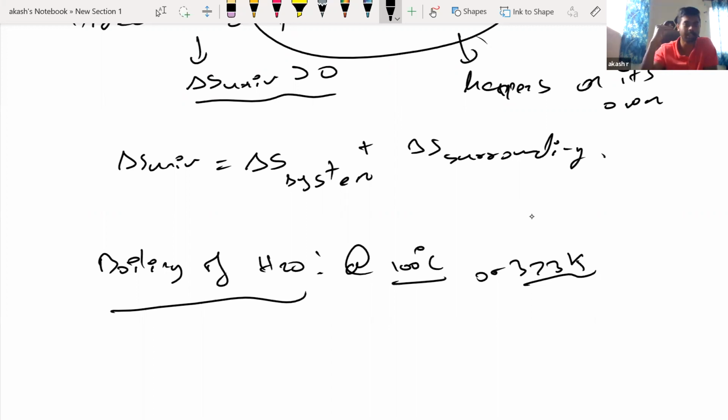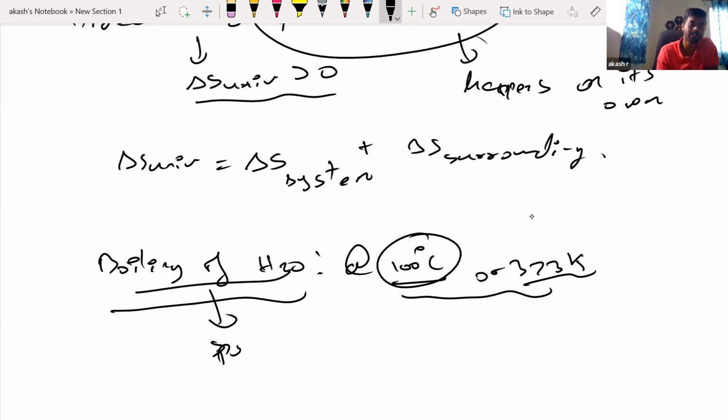Till all the water boils up, that particular temperature will not change. So at 100 degrees Celsius, this boiling of water is indeed a spontaneous process. So now we will check whether the delta S universe for that process is greater than zero or less than zero. Obviously, since it's a spontaneous process, it has to come out greater than zero.